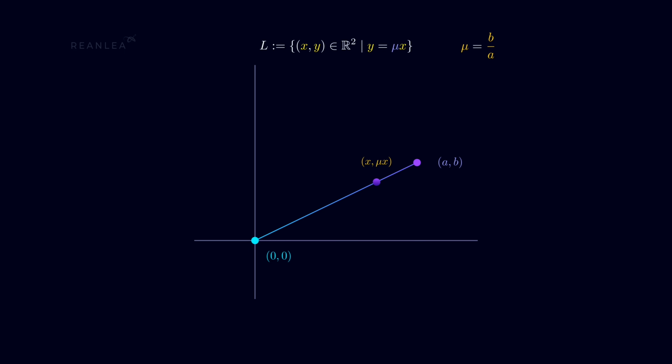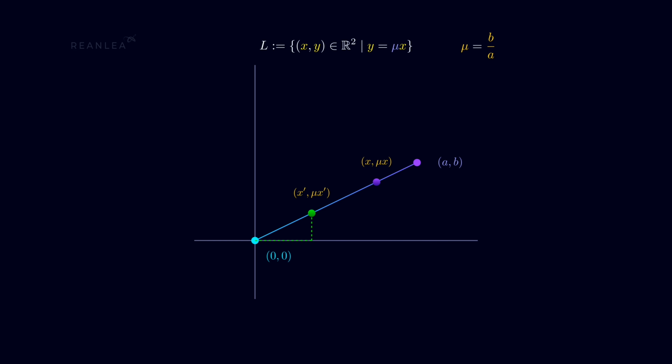Here all the points on this line segment are of this form, and all the points differ from each other when x varies. So let's consider the coordinate of this point to be (x dash, mu x dash).